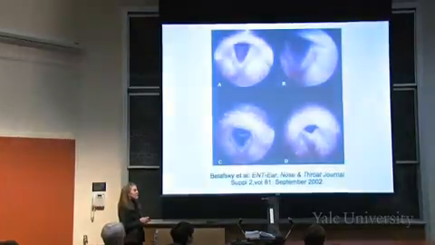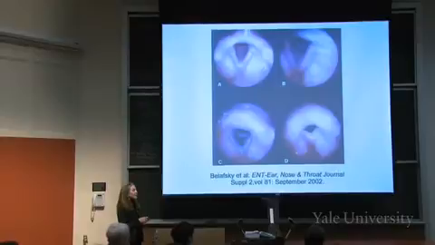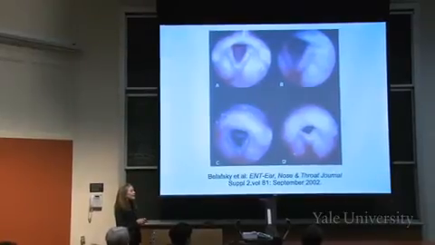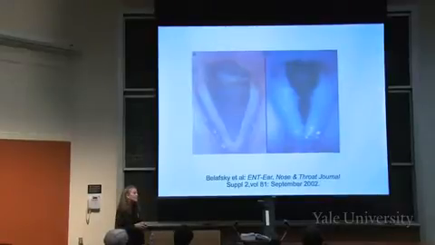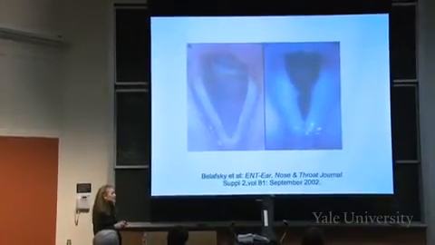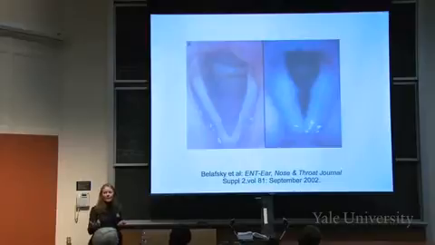You can see that there's a lot of swelling here compared to these other pictures. This area back here is all beefed up, and this area down here also looks quite reddened. So this is what we're treating with these proton pump inhibitors, and we're hoping to take a patient that looks like this and turn their larynx into something that looks like this normal larynx. You can see the sharpened edges here. So data's out there. We can follow this clinically, and that's usually what we do.